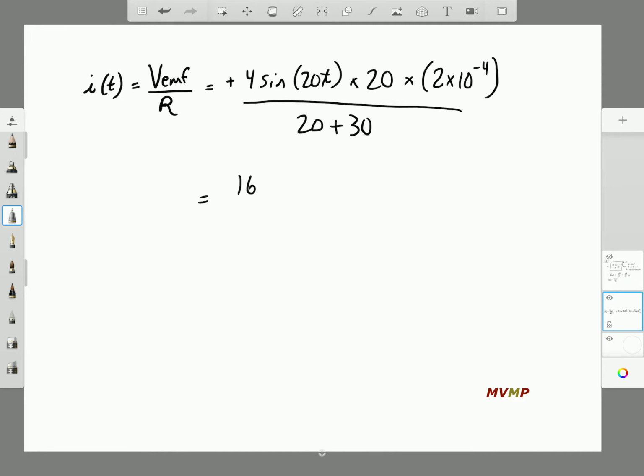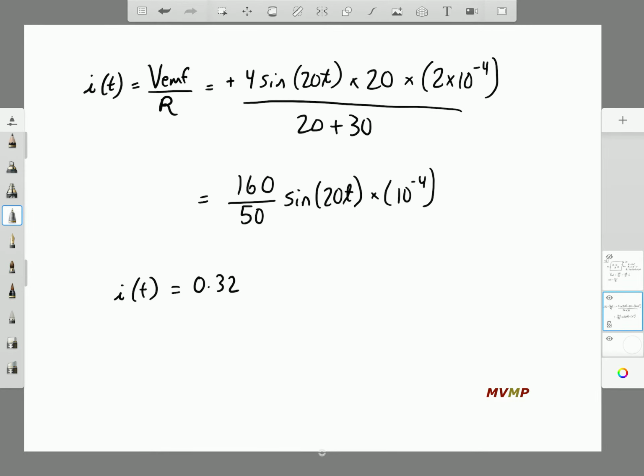Multiplying this out, we get 160 over 50 sine of 20t times 10 to the negative 4. Further reducing this, we get an I(t) of 0.32 sine of 20t milliamps.